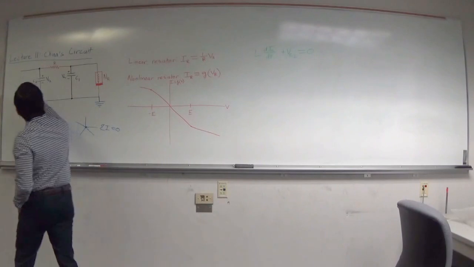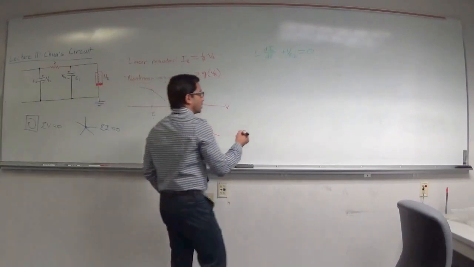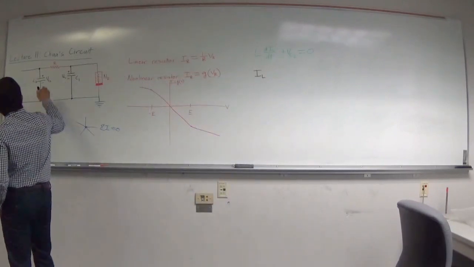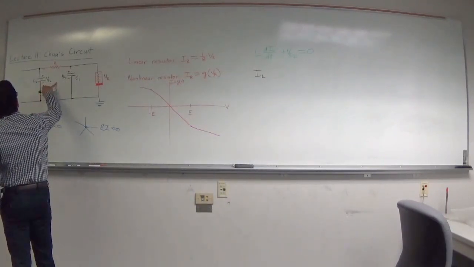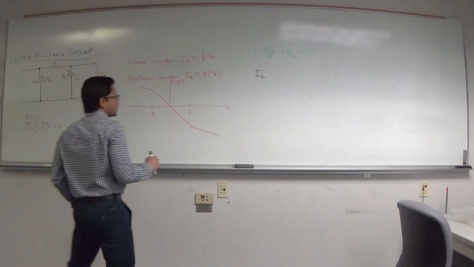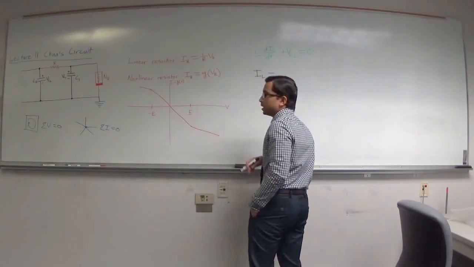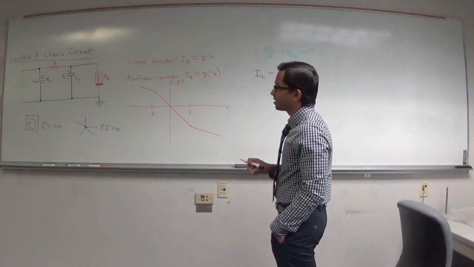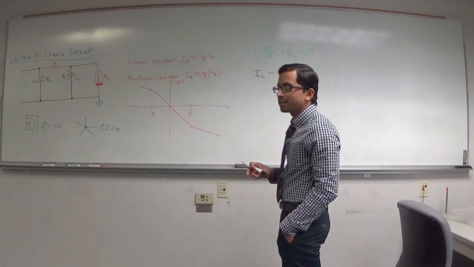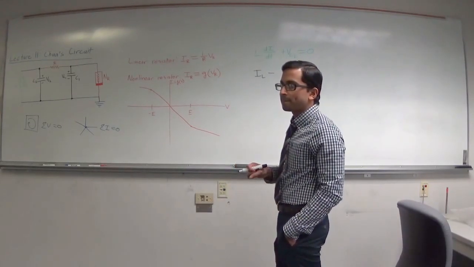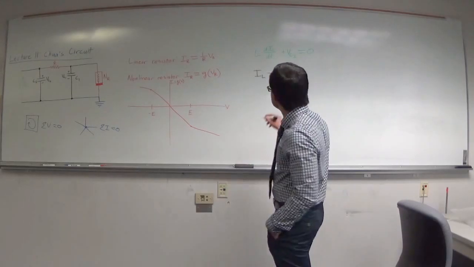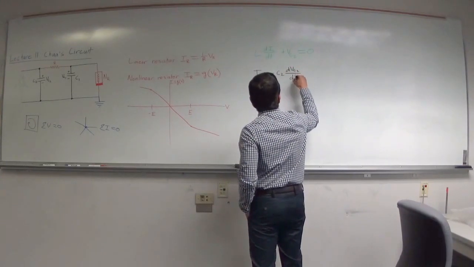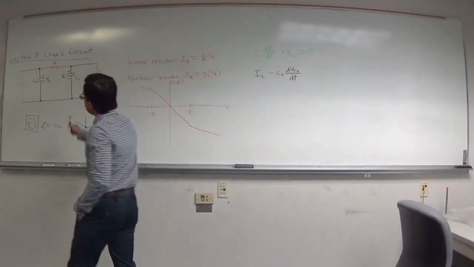So here we get this current coming in. So IL is coming in. And then we get this current coming out, so it's minus what? What's the relation between the voltage and the current there? So it should be minus C2 dVC2/dt. Okay. And then how about here?